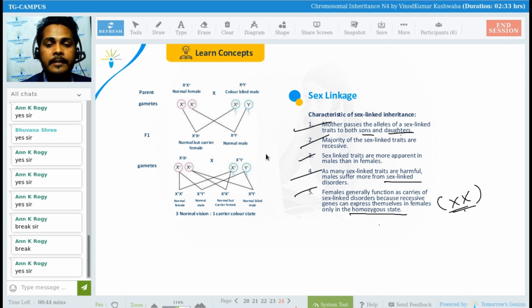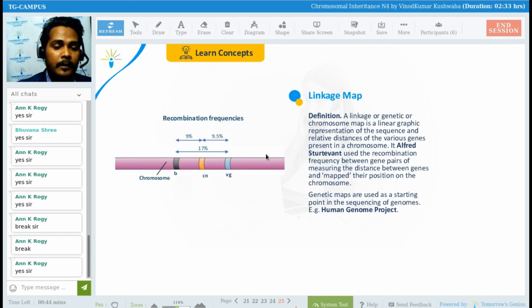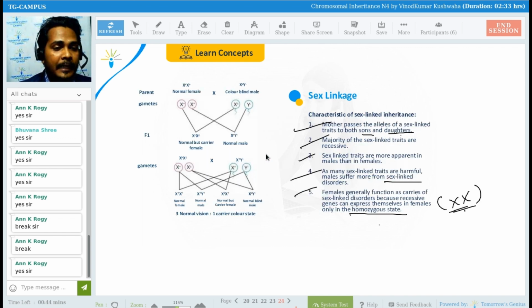Okay, so these are the characteristics related to sex-linked diseases, that is, X-linked disease. Is this clear about sex linkage? Okay, so these are the characteristics of sex-linked inheritance.